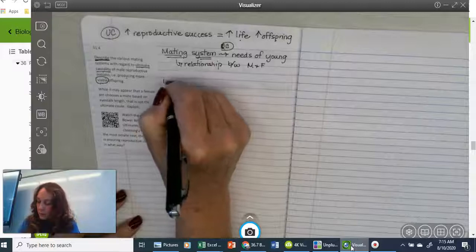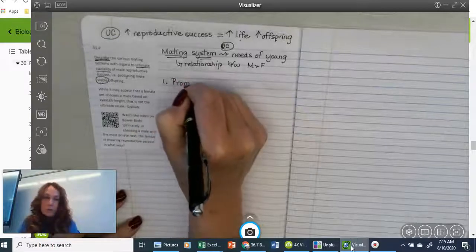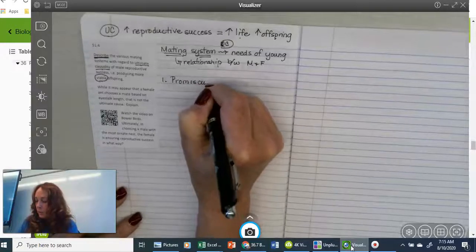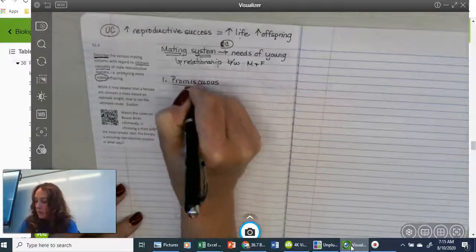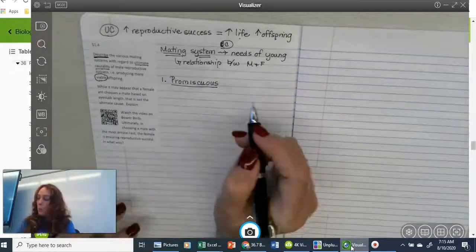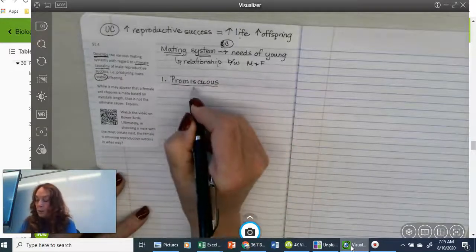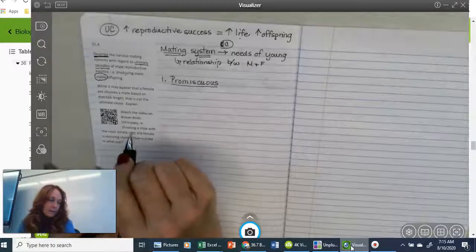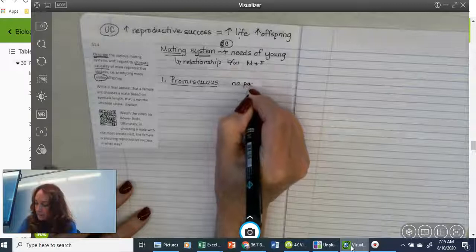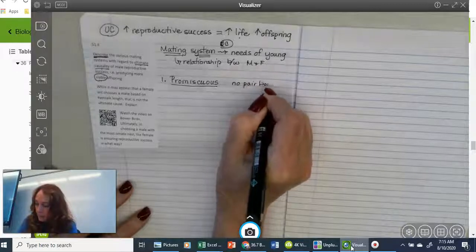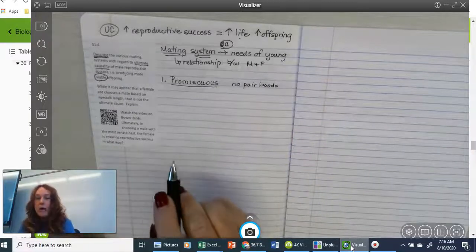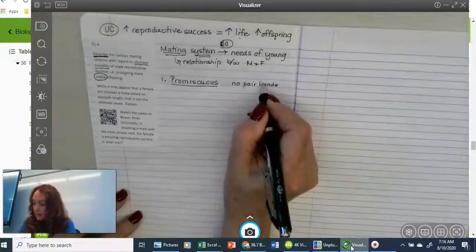So the first one is called promiscuous. And you've probably heard that word before. Usually it just means that you have multiple sex partners. And the whole point of promiscuous is that you do not have any pair bonds. So the male and the female don't mate for life or even for the season.